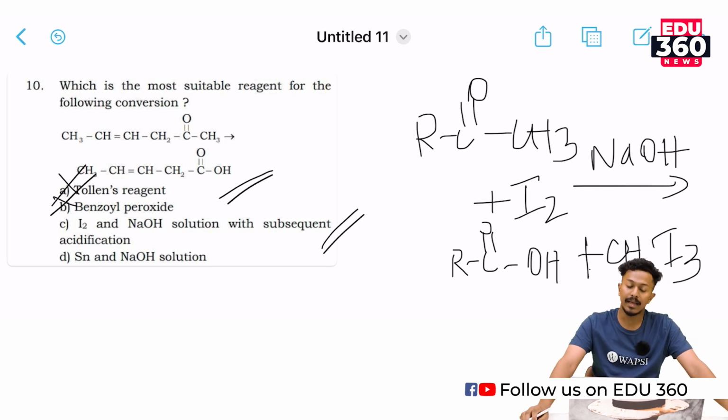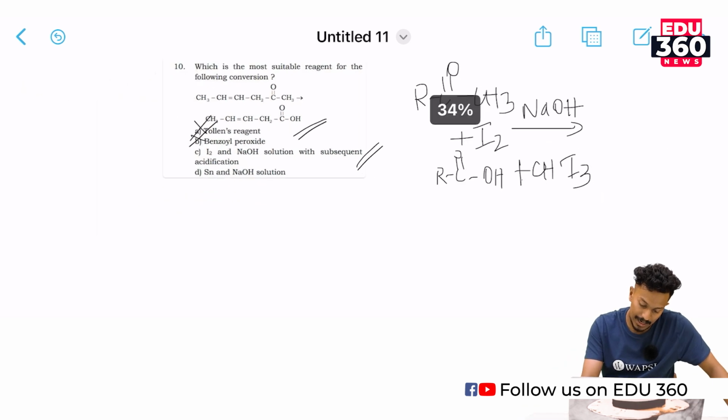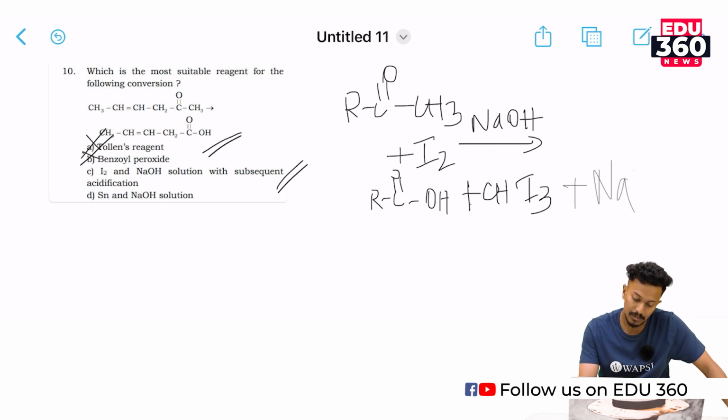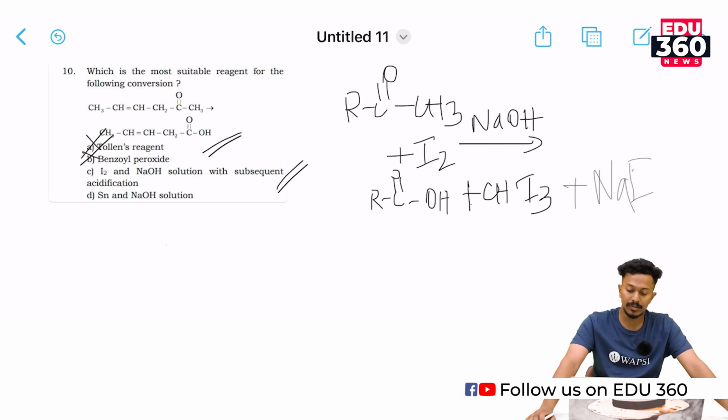This is iodoform. And along with that, we get NaI. So this is the reaction.